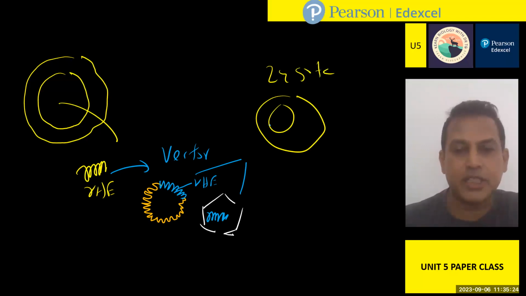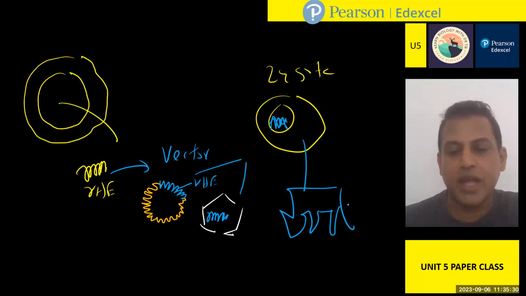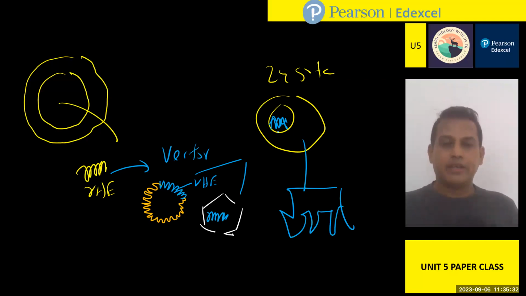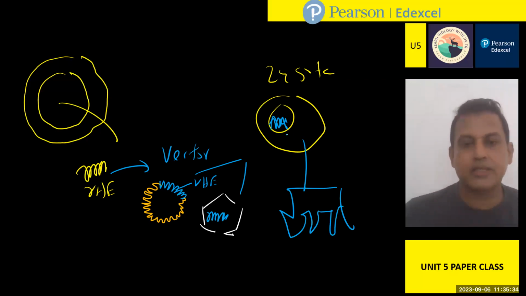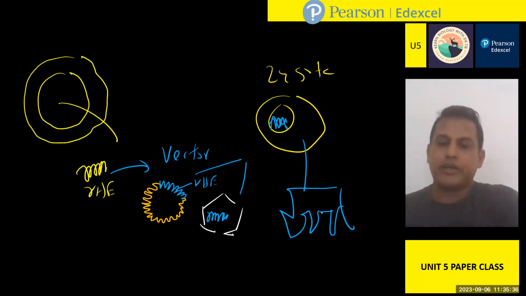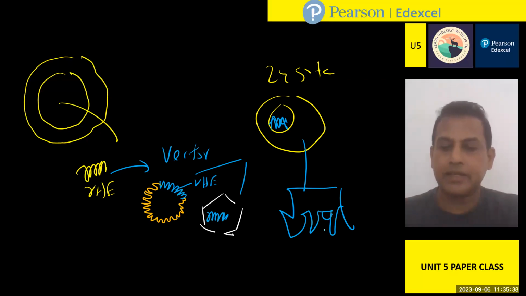So after delivering the gene to the zygote, now this zygote from the animals can express this gene in the mammary glands and the milk containing RHE protein.